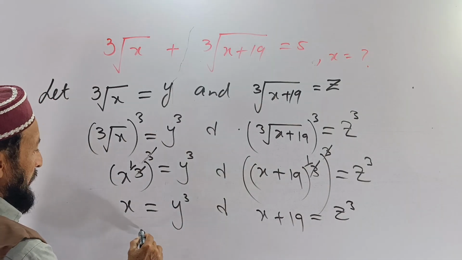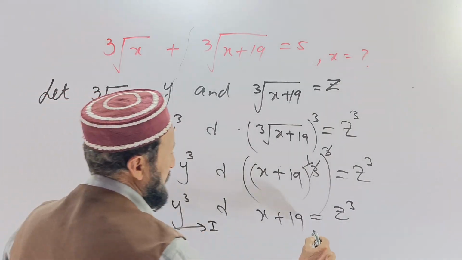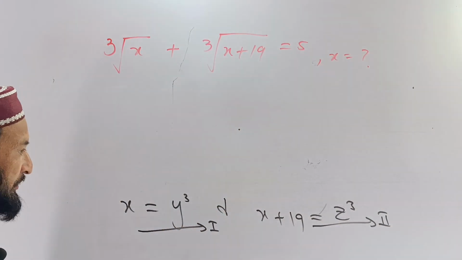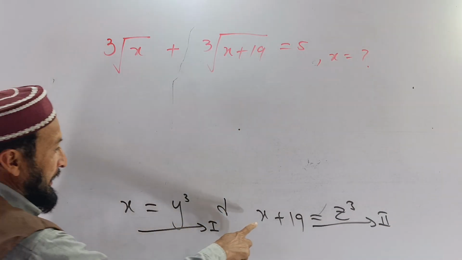Now we take the given first equation and also the second equation. Look here, here is x and here is also x.